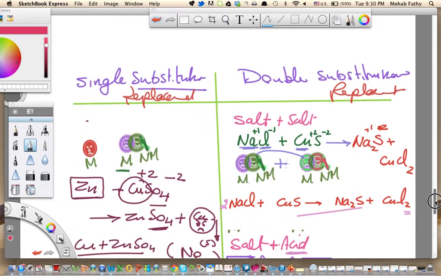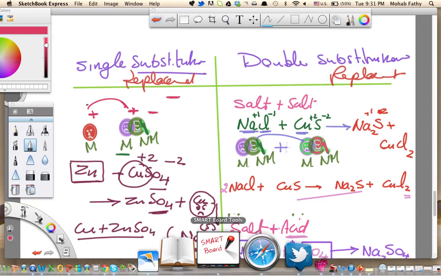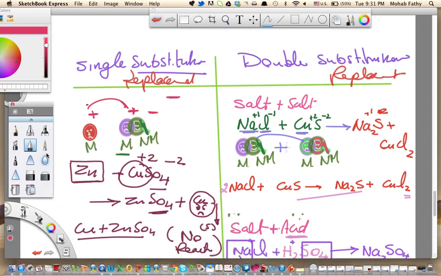The last two types of reaction are simple substitution, or single replacement, and double replacement. Here one cation replaces a cation. Be careful, the cation replaces a cation, not an anion. In other words, a metal replaces a metal. Can any metal replace another metal, or is there a rule that it should be stronger and more reactive?